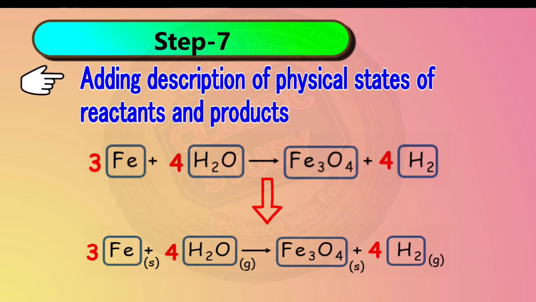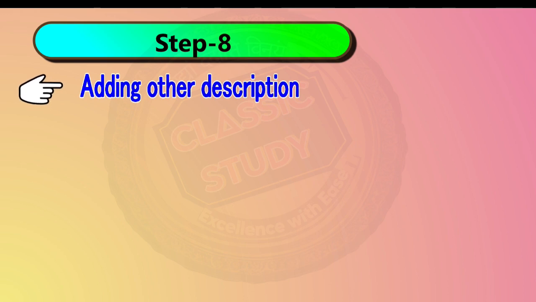We put a small s in the subscript within a bracket. Then water, which was in gaseous state, that is steam. The product which is formed, ferric oxide, is solid and hydrogen is released in gaseous form. So if we now look at the reaction, it is more descriptive and it tells you the state of reactants and products.